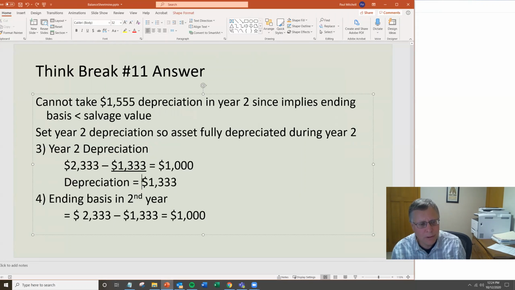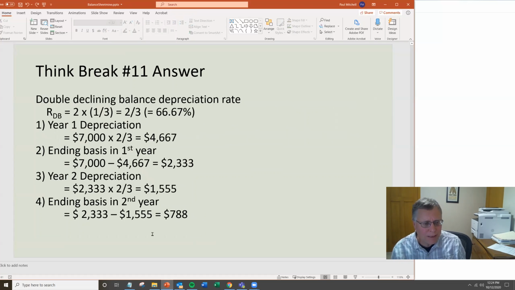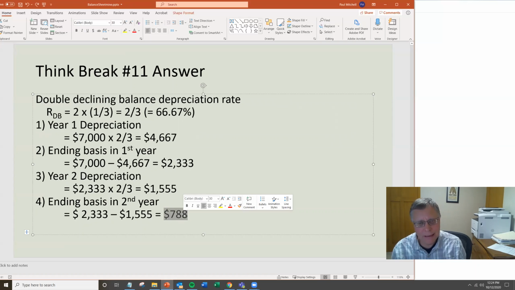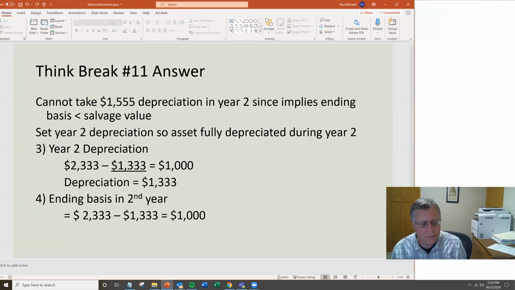So you would only claim $1,333 in depreciation, and then the ending basis at the end of year 2 would be $1,000. That's the one way to do it, because if you follow the formula, you would actually take the asset down to $778, below its salvage value. And so to prevent that, instead of taking all of the second year's declining balance depreciation, you only take it until it hits the salvage value.